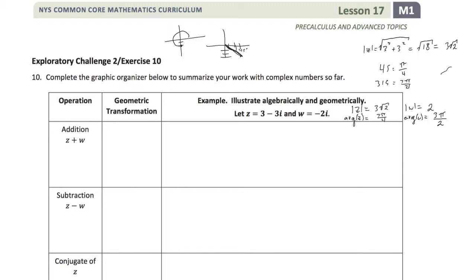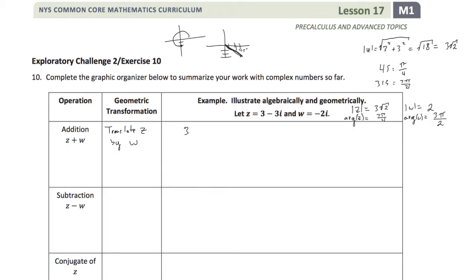Addition, z plus w. First of all, let's go ahead and erase this guy over here. There we go. z plus w. What is the geometric transformation? Whenever we're doing just addition and subtraction, I'm just going to take z plus w and translate z by w.